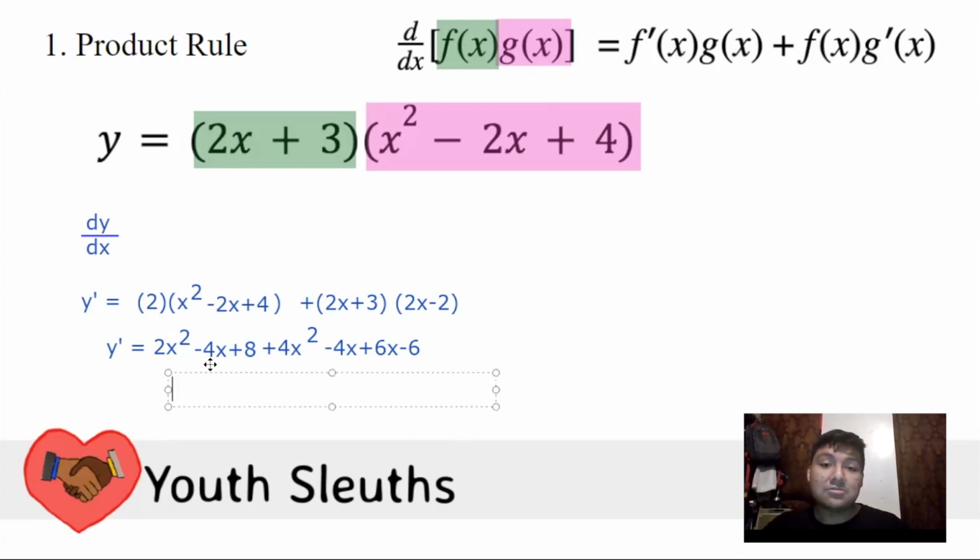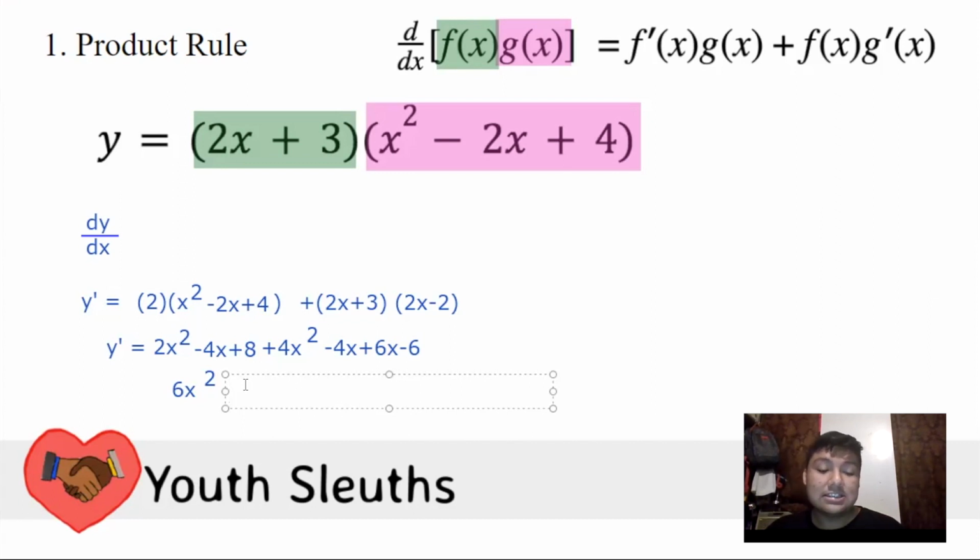So we start with the x squared. So 2x squared plus 4x squared is 6x squared. Now the x's, we have negative 4x minus 4x plus 6x. That would be minus 8x plus 6x, which would be minus 2x. And then the constants, so we have 8 minus 6, which would just be plus 2.